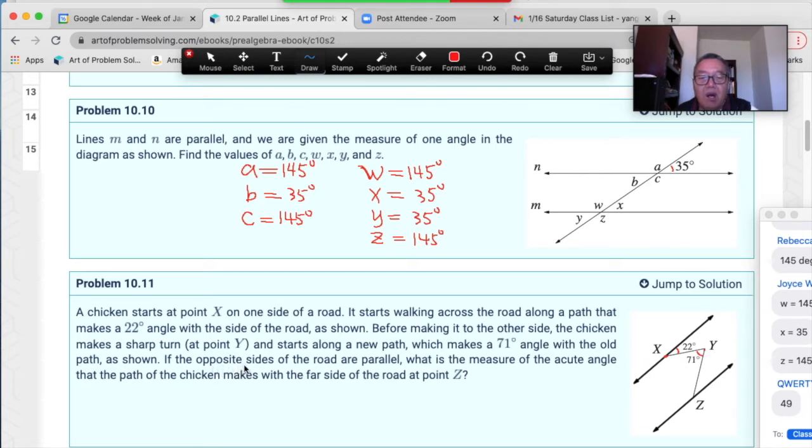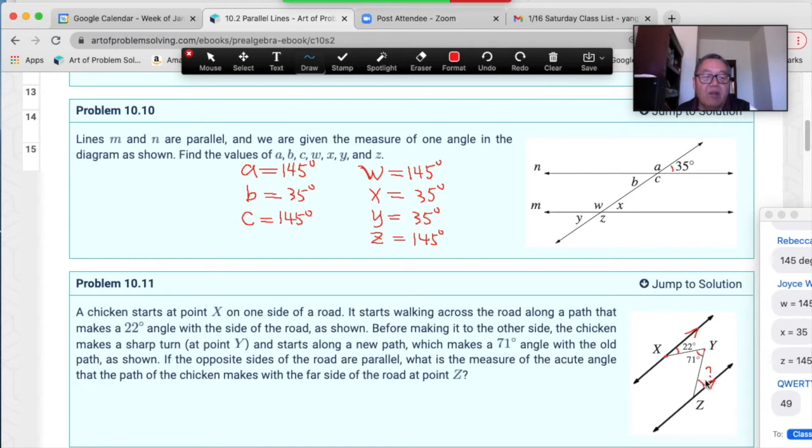If the opposite sides of the road are parallel, that means this one is parallel with this, then they ask you what is the measure of the acute angle that the path of the chicken makes with the far side of the road at point Z. Then they ask you what this angle equals?